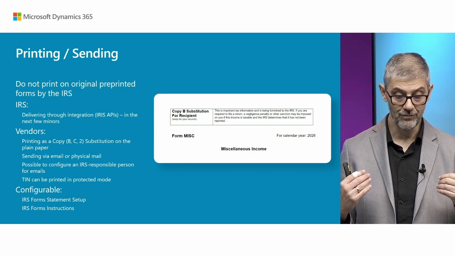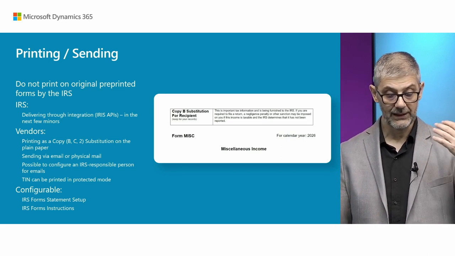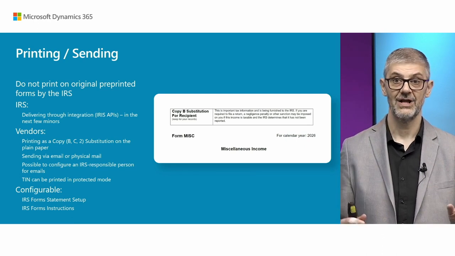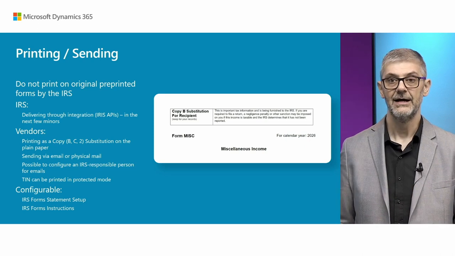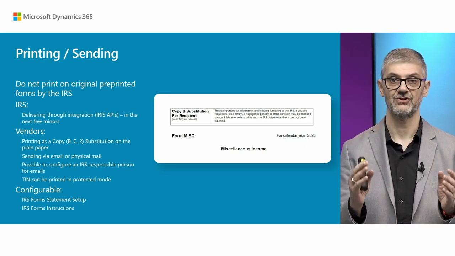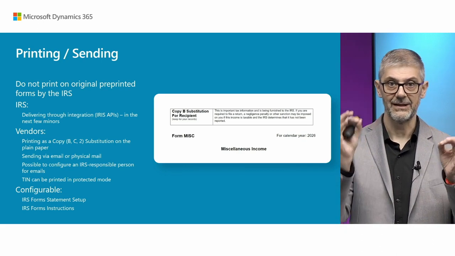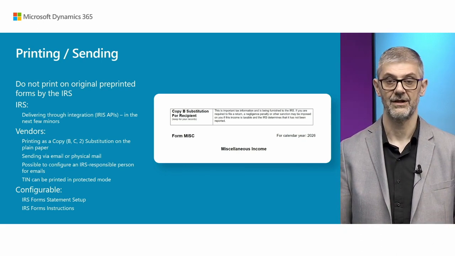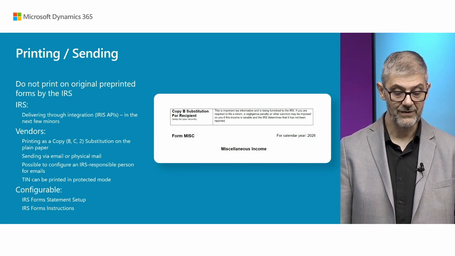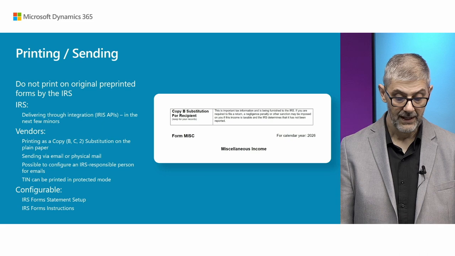C is for you. But again, on plain paper as a substitution, with all the details we have on the original, even all these instructions you have there. You will see Artur will show you how to configure instructions. So everything is there, everything we have on the original form. The design is just a bit different, but everything that exists in the original form will be printed there. So after that you can send via email or physical mail.